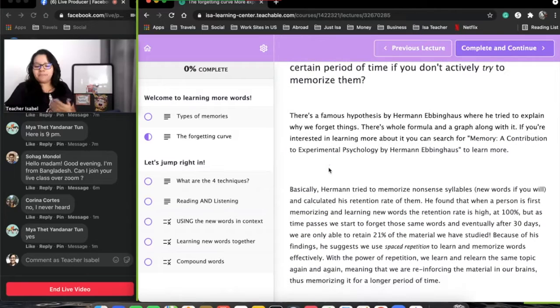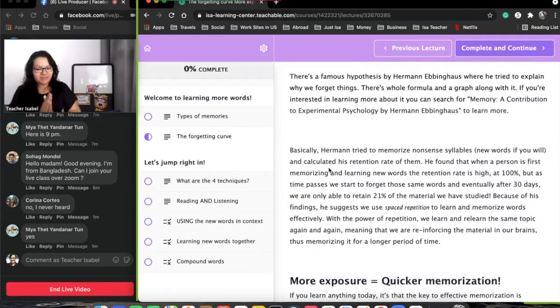So what I learned in doing my research is that there is a famous hypothesis by Hermann Ebbinghaus. I want to say he was German, I don't remember correctly, but he tried to explain why we forget things. There's a whole formula, a graph, a math equation to it and everything.